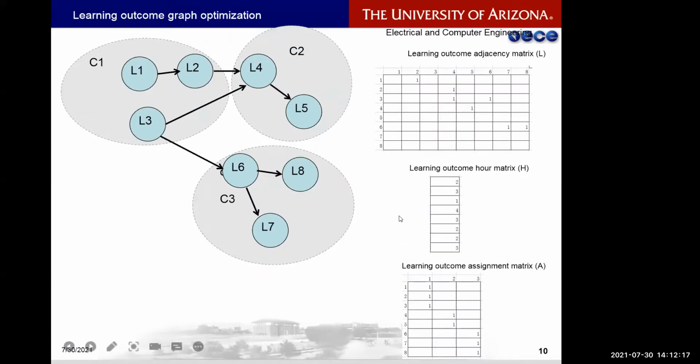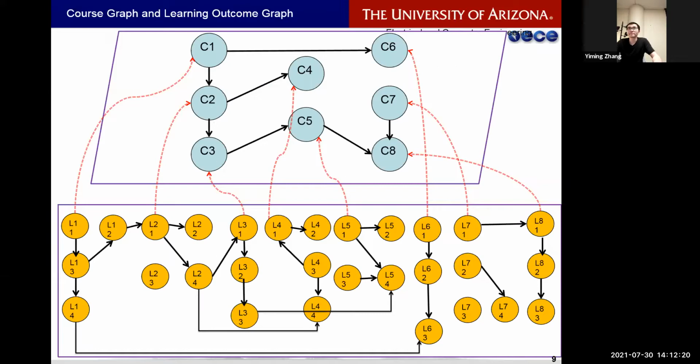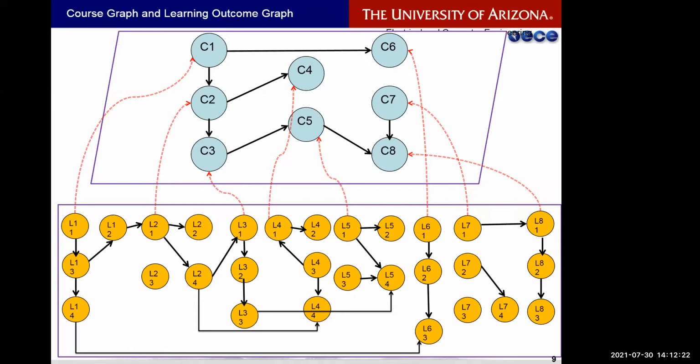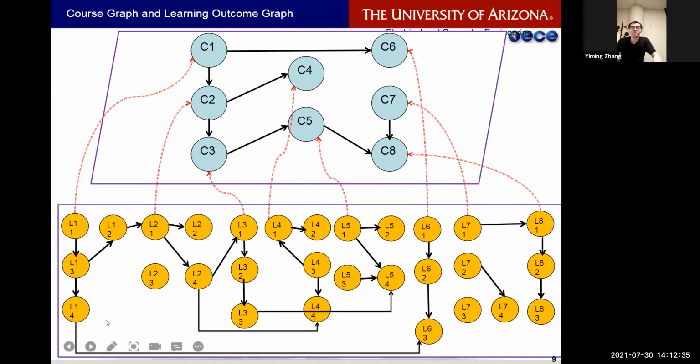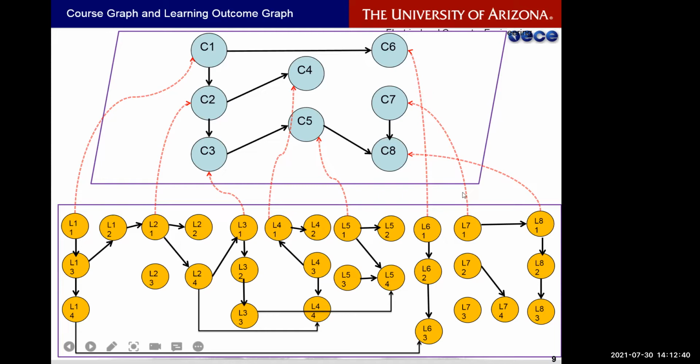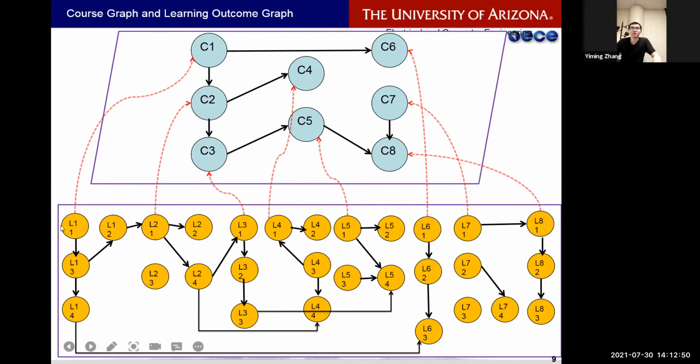Can you go back? Yes. If you look at the learning outcome graph, look at the first column. It says L1,1 underneath it, and then the next after it says L1,2. What do 1 and 2 mean in this setting? Actually, these are indexes. For example, for the first 4 learning outcomes, you can tell from their index.